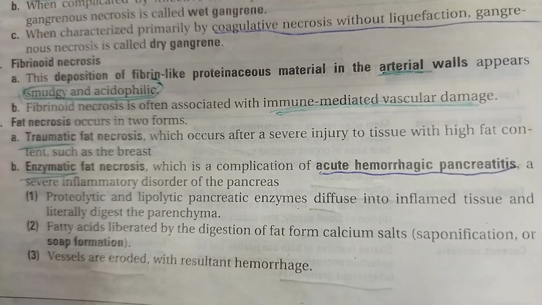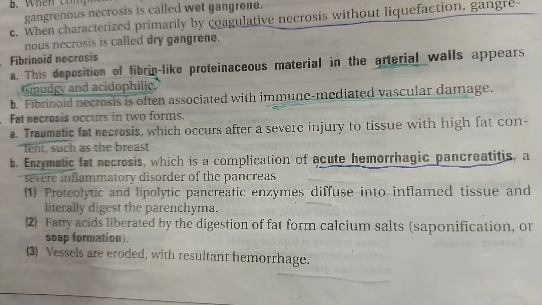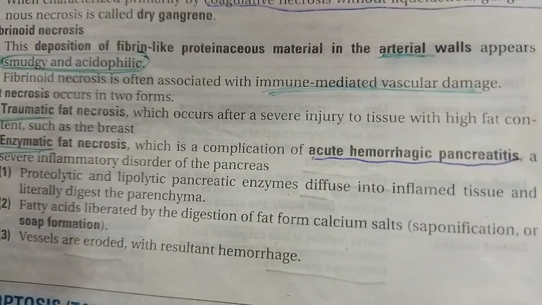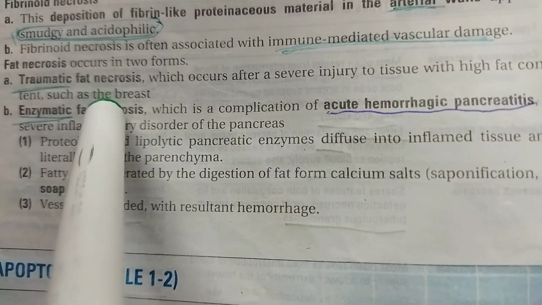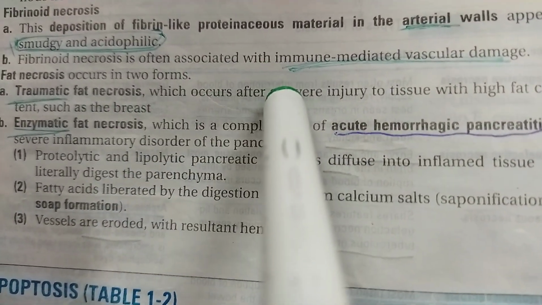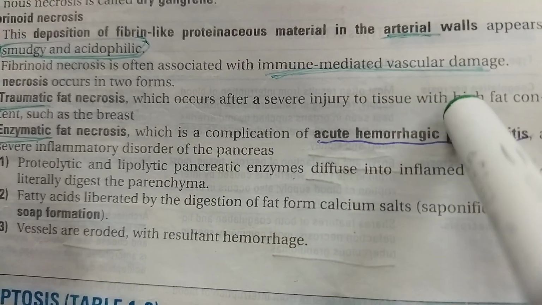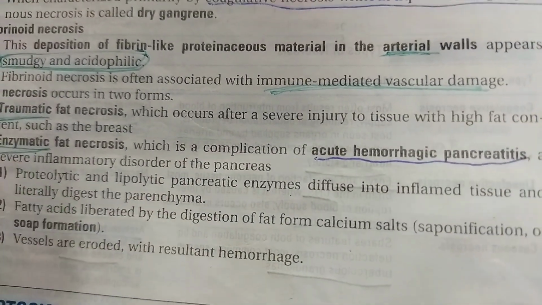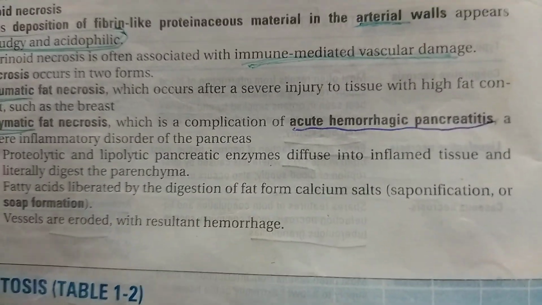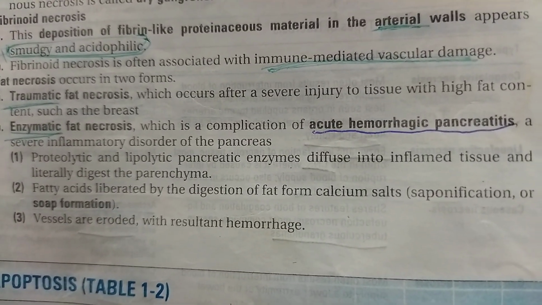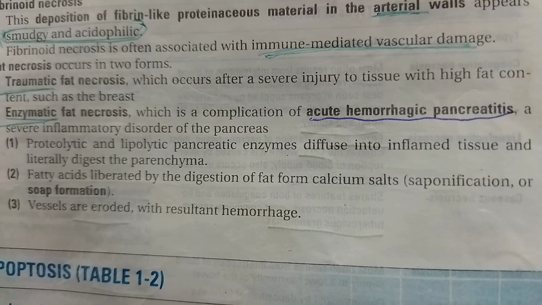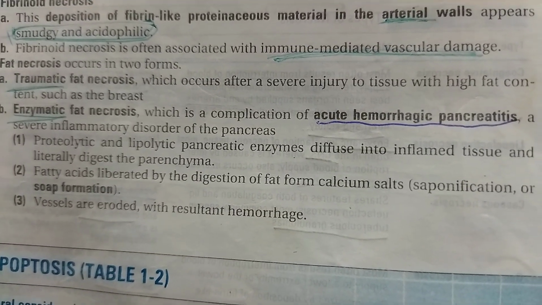Now we will see fat necrosis. Fat necrosis occurs in two forms: traumatic fat necrosis and enzymatic fat necrosis. Traumatic fat necrosis occurs after severe injury to tissue with high fat content such as the breast. In the breast we will have fat necrosis, and which one? Traumatic fat necrosis, whenever there is injury.